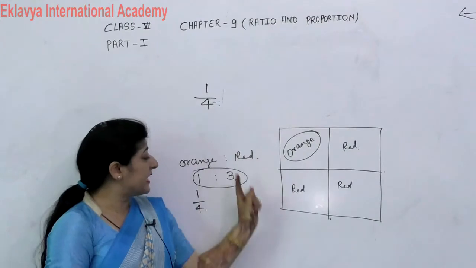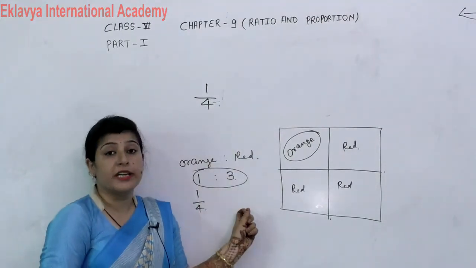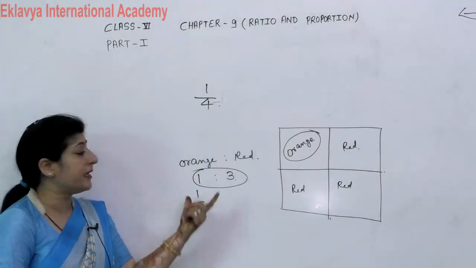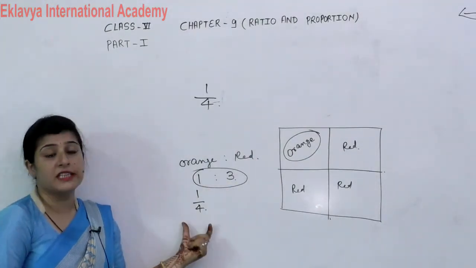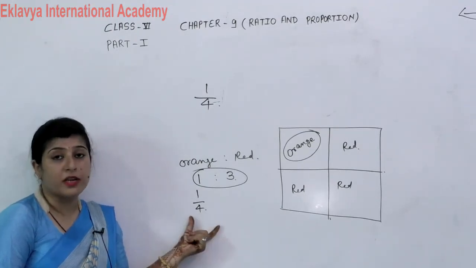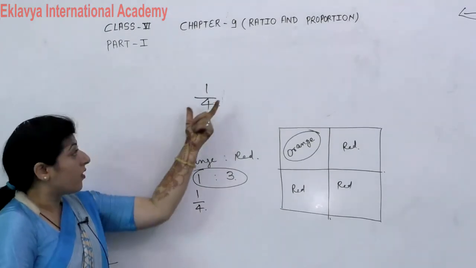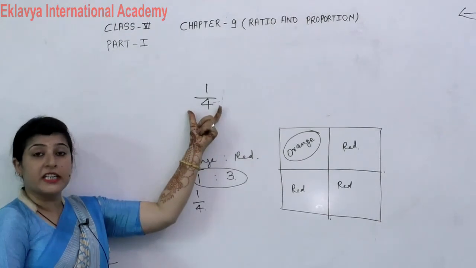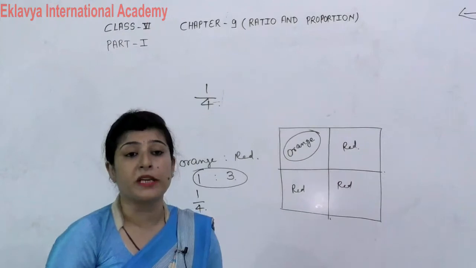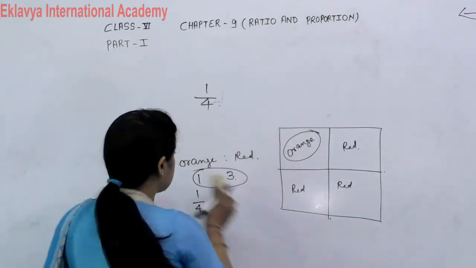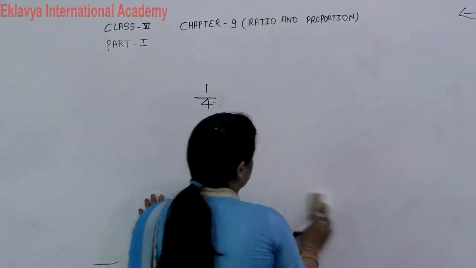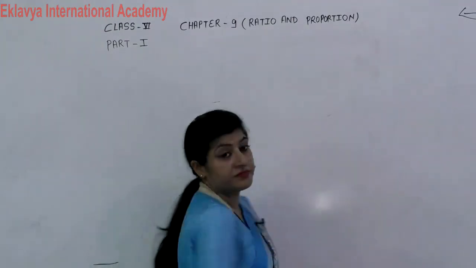So when are they equal? When we take the sum of both values in the denominator for ratio, then we can know how many parts are all together. Or in fraction, the value of denominator already shows how many parts all together. Okay, now we will solve some questions.